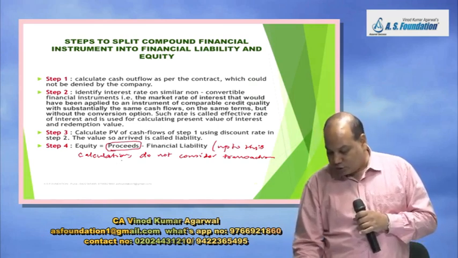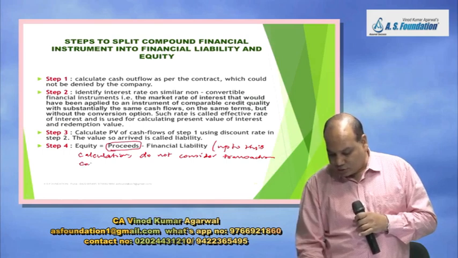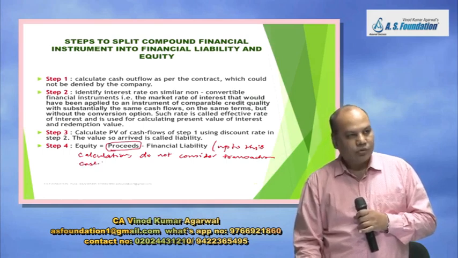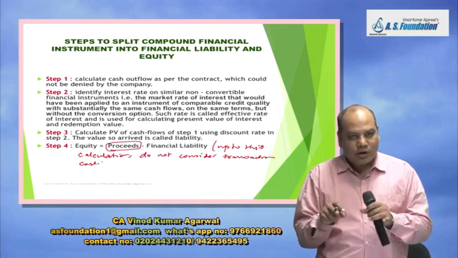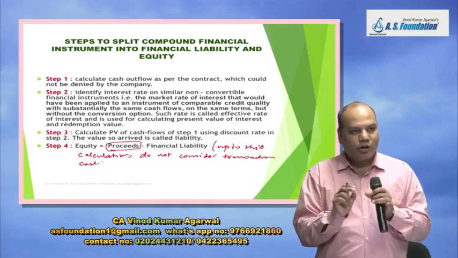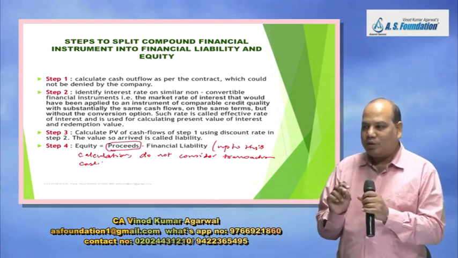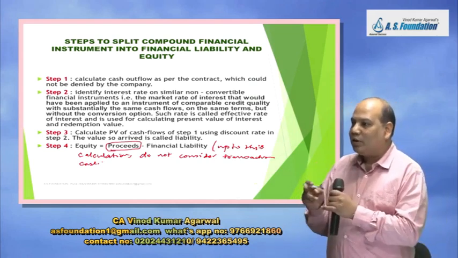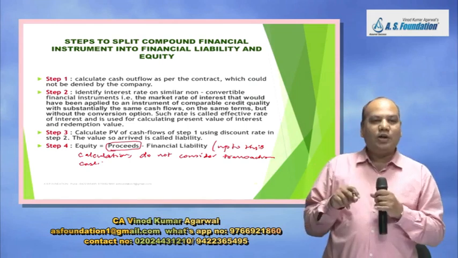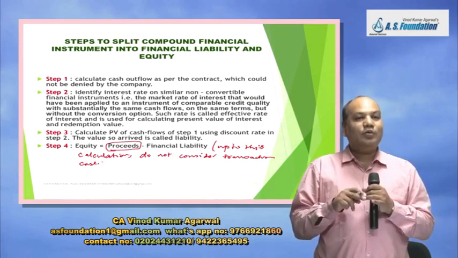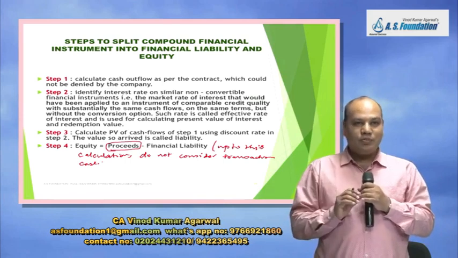So first ignore transaction cost, do this calculation, then transaction cost will be apportioned in the ratio of the amount allocated to liability and equity. The amount allocated to liability is deducted from liability, the amount allocated to equity is deducted from equity.